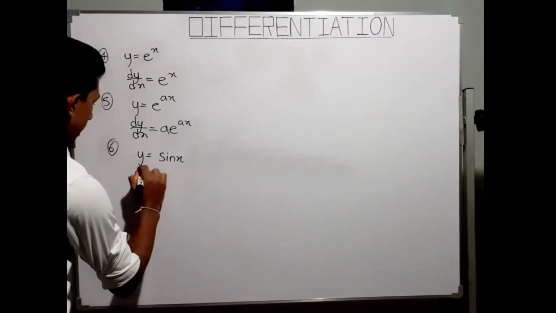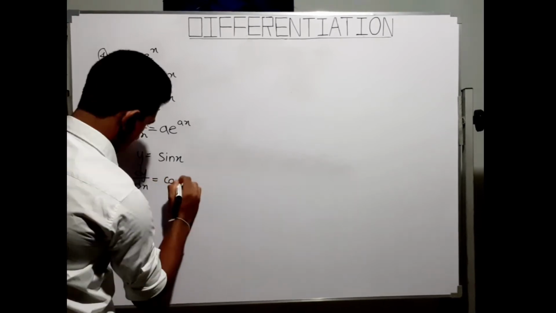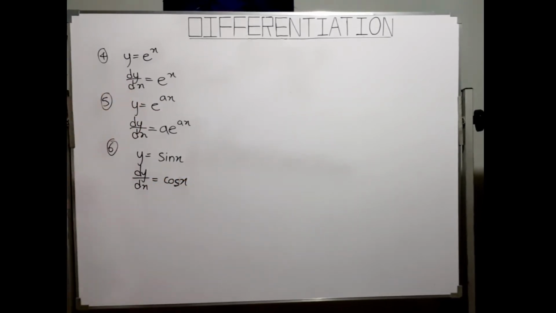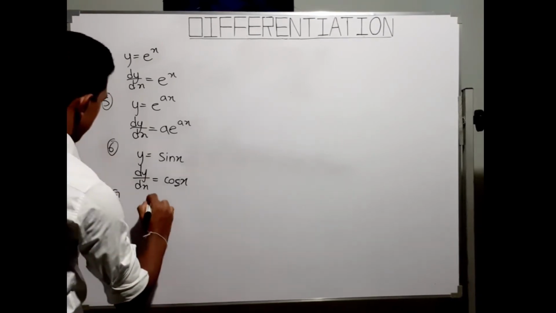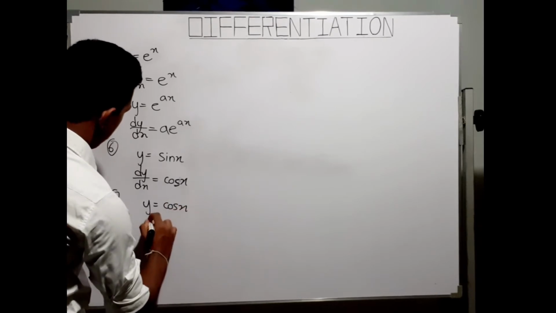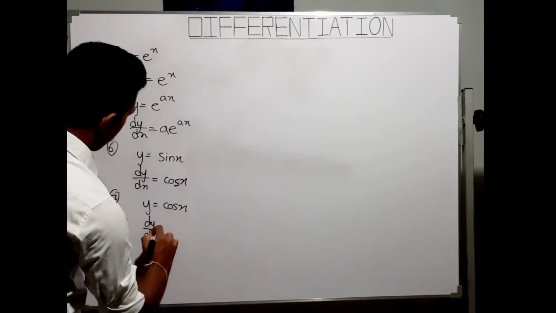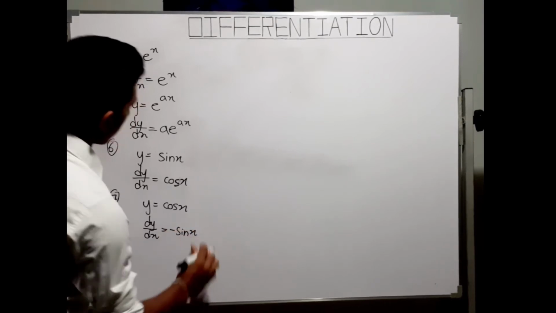So dy by dx is going to be equal to cos x. The seventh rule is y equals cos x, and when you differentiate it, dy by dx is going to be minus sine x. You have to keep this in mind.